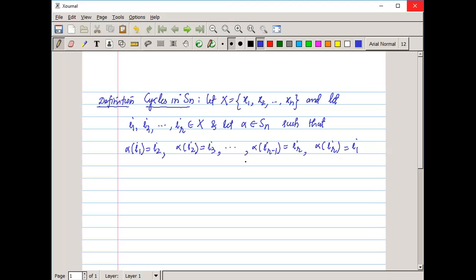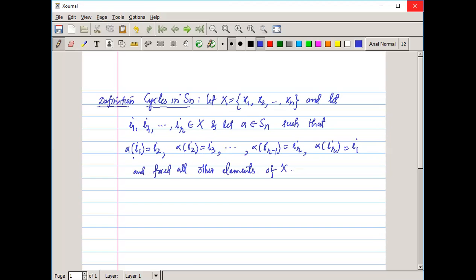So we have a kind of permutation that sends i1 to i2, i2 to i3, and so on. It sends i(r-1) to ir, ir to i1, and fixes all other elements of X.